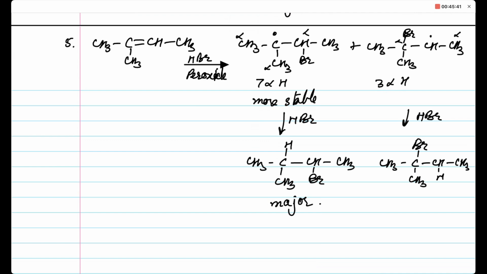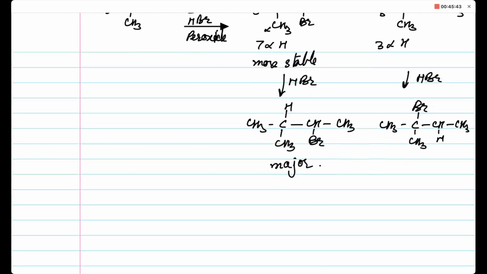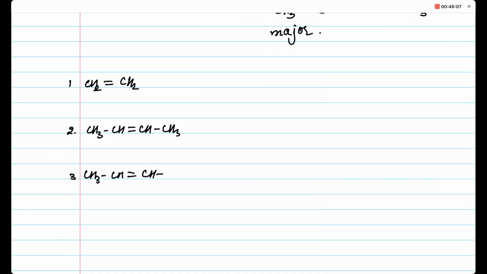We can summarize the products which are obtained in these reactions. The first one is CH2 double bond CH2. The second one is CH3 CH double bond CH CH3. The third one is CH3 CH double bond CH benzene ring.